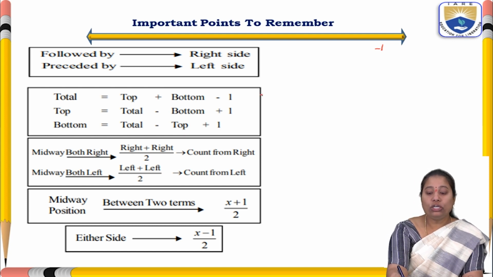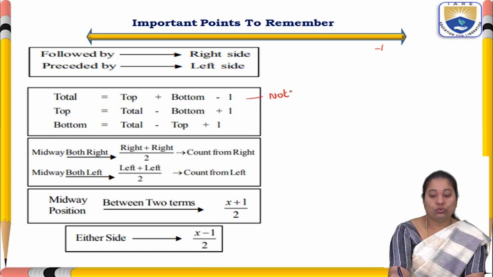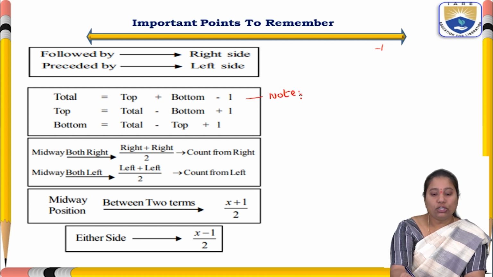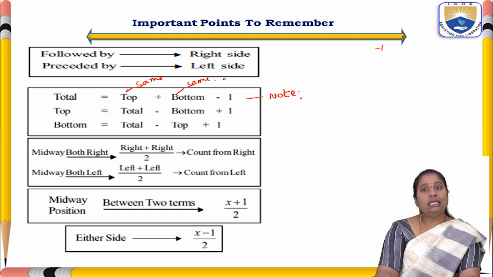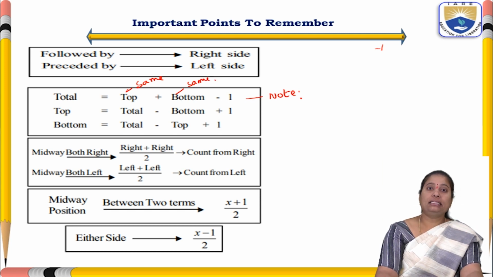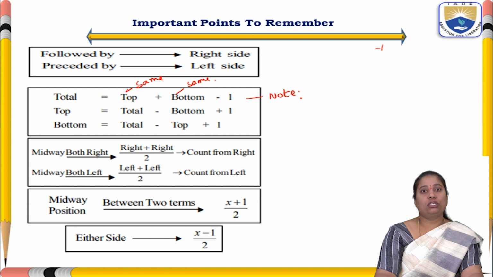Here the notable point is that the top position and the bottom position of the same person must be known; only then is it possible to calculate the total strength in a particular row.